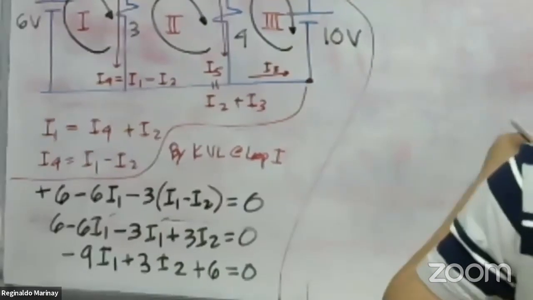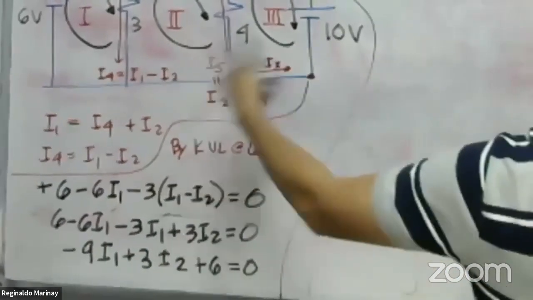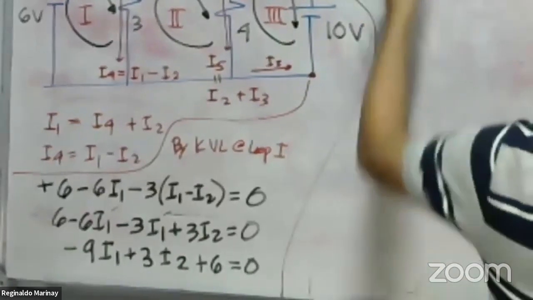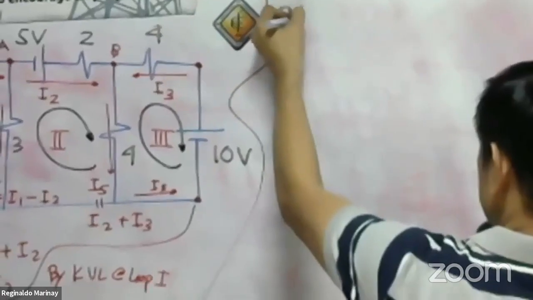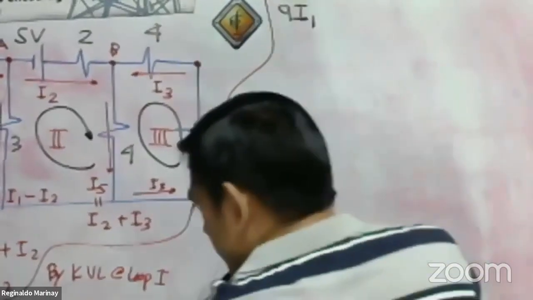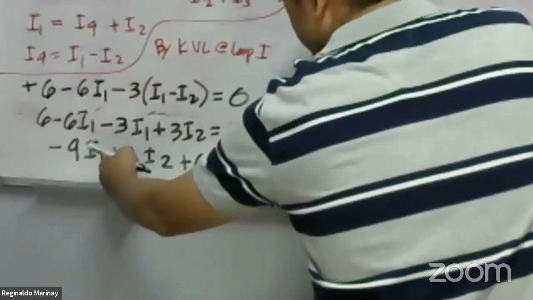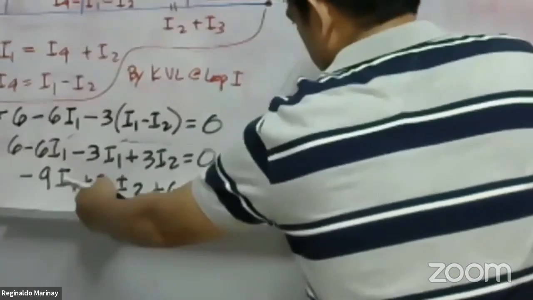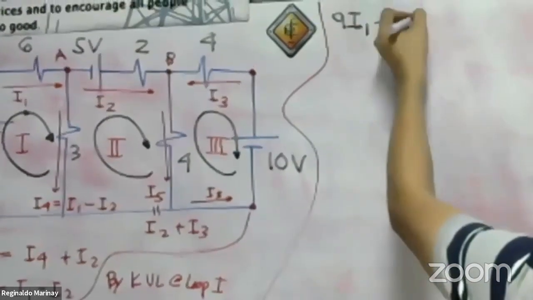Okay. So we have here, let us transpose the negative 9 I1. Negative will become positive. So that is positive 9 I1. Okay, no choice, positive 3 I2 will become negative 3 I2.